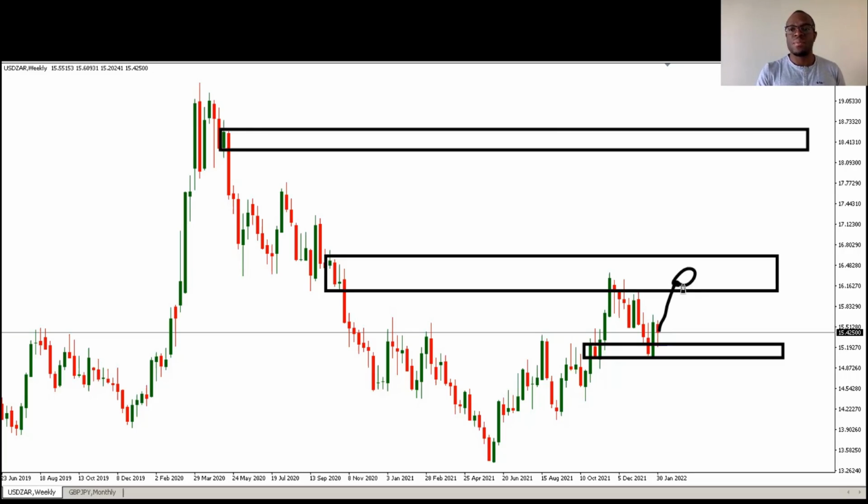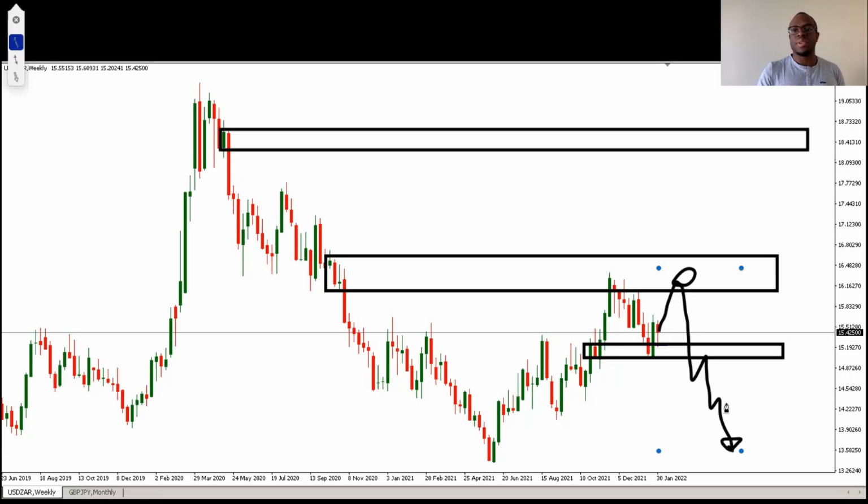Then the price will form a double top, and from this double top, we'll be expecting the price to push to the downside, mitigate this order block or supply area, push back, testing it as a resistance area, and once that happens, we'll be expecting the price to either come to this order block 14.22270, pull back, mitigate it, or come to 13.5850.